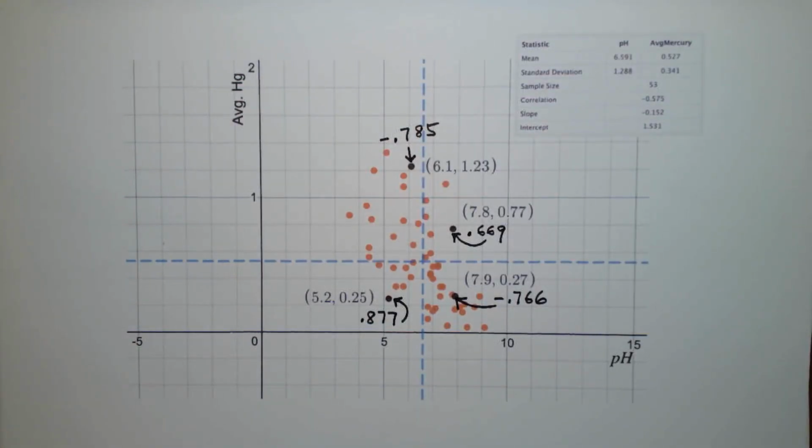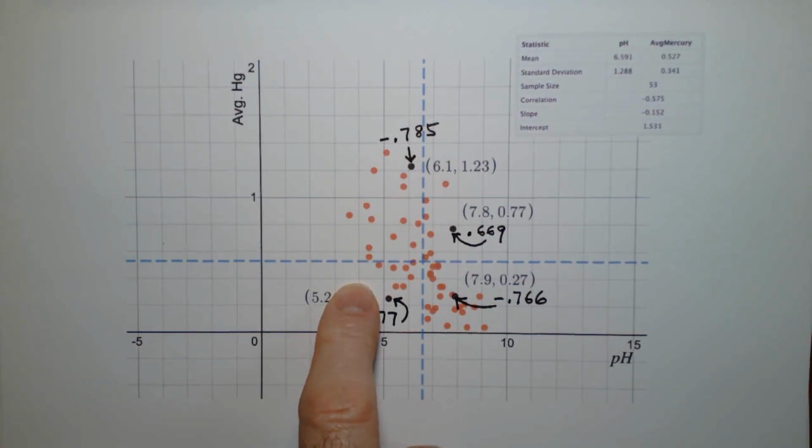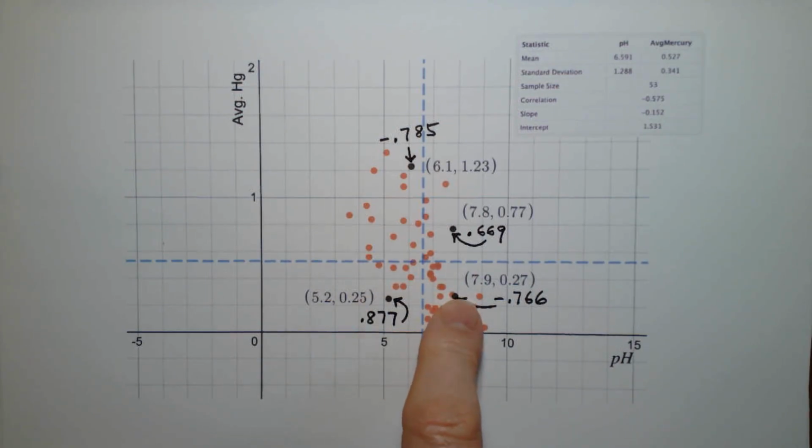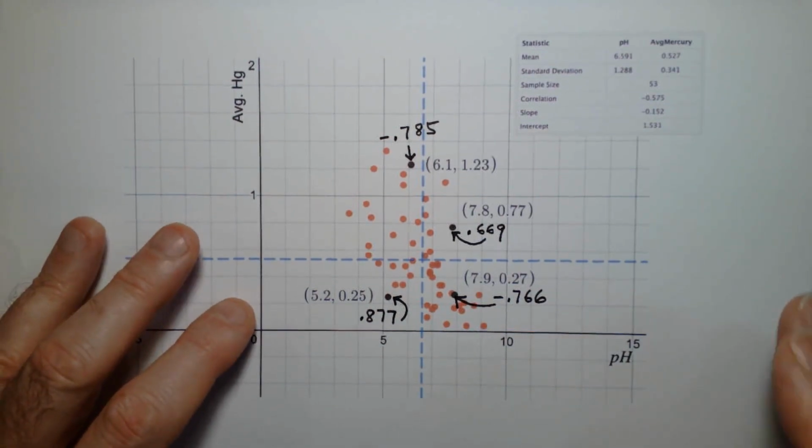Okay, so that's why this is negative. In this quadrant, both z-scores will be negative, and therefore their product will be positive. And in this quadrant, one of the z-scores will be negative and the other will be positive, and that's why the product is negative.